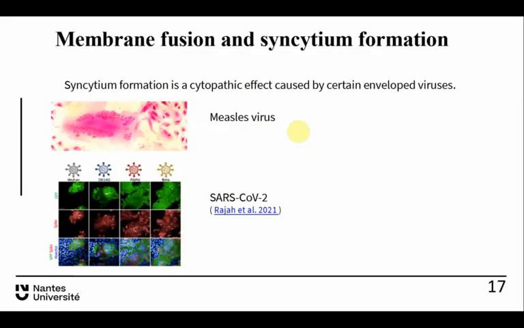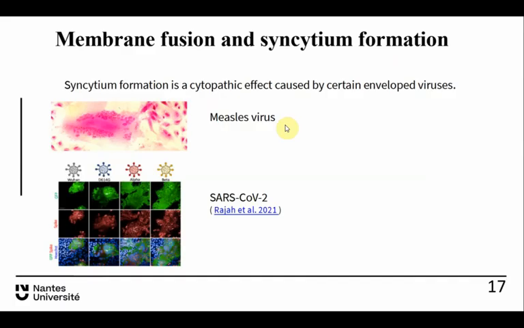One more thing to think about in relation to envelope or fusion proteins is that enveloped viruses can provoke the formation of syncytia. Syncytia are masses of infected cells whose plasma membranes have all fused together.